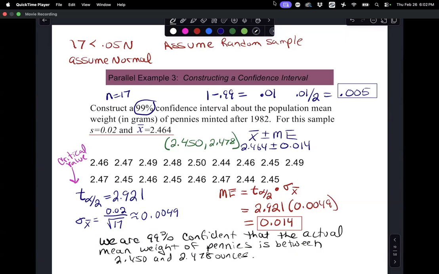Make sure you put the units there. Make sure you refer specifically, directly to the claim, and you use your units.